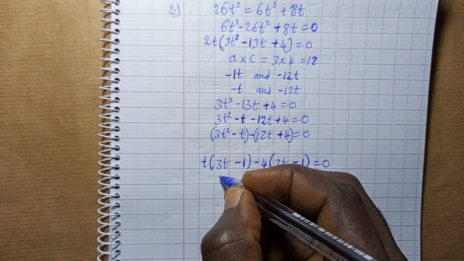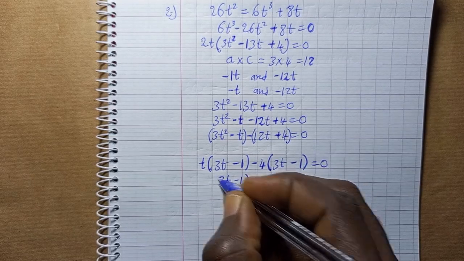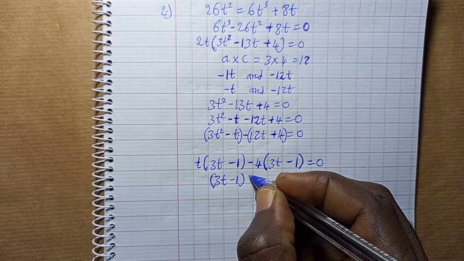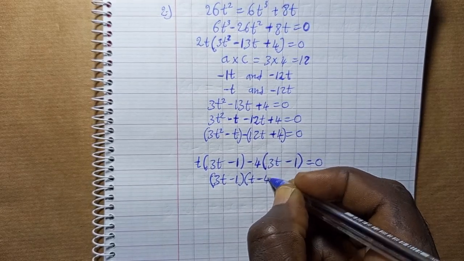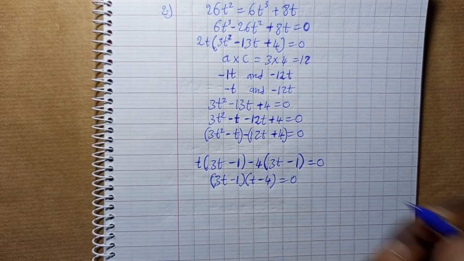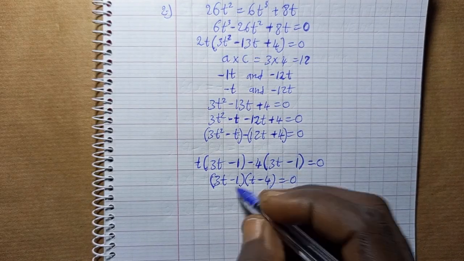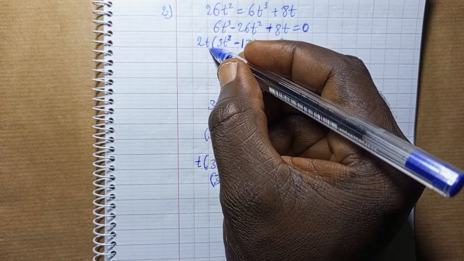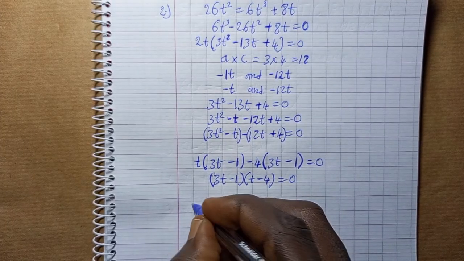Then the next step, take this 3t minus 1 and this open bracket t minus 4 equal 0. Now remember here we brought out 2t from the very first place, so I'm going to bring it here. It's one of the factors.